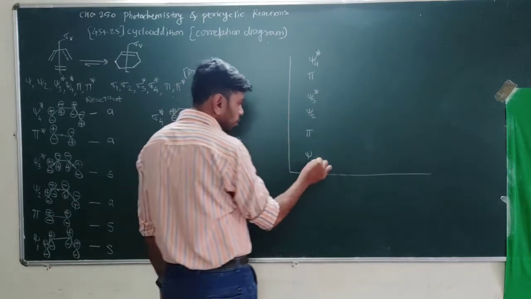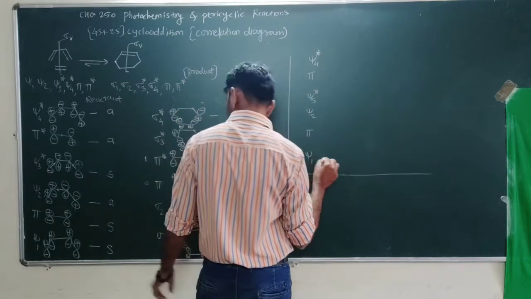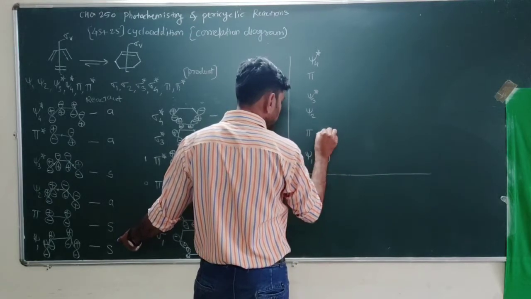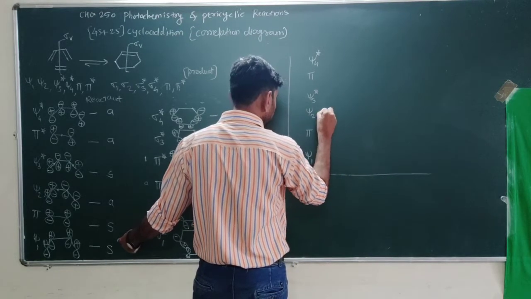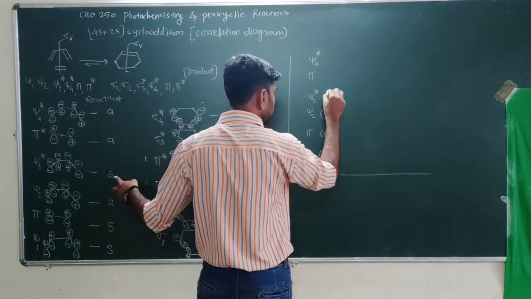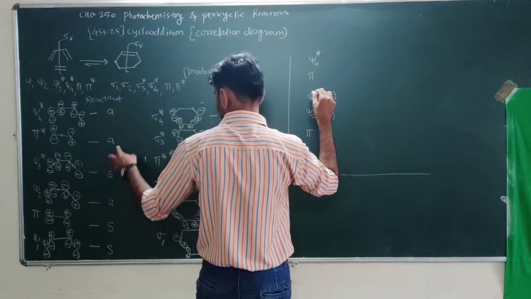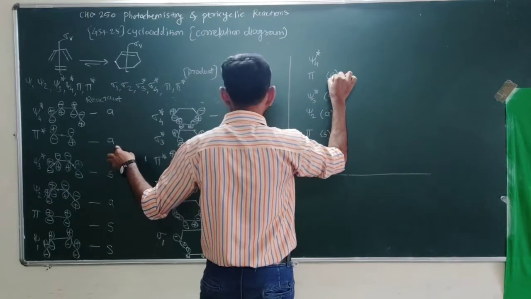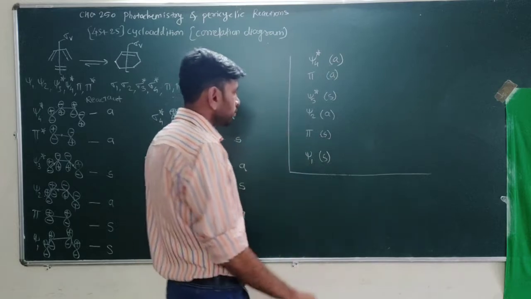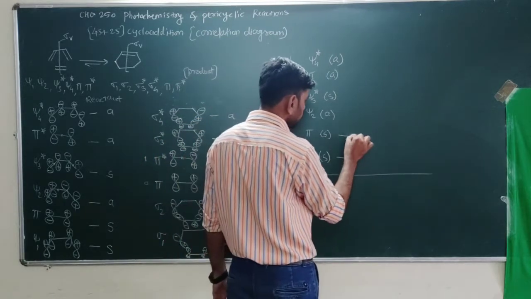So these are reactant orbitals. And then we have to write symmetries. Yes, then it is symmetric. It is asymmetric. This is symmetric. This is asymmetric. And again this is asymmetric. Asymmetric. Okay. So these are reactant orbitals.